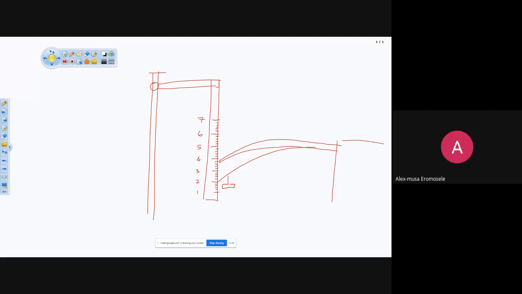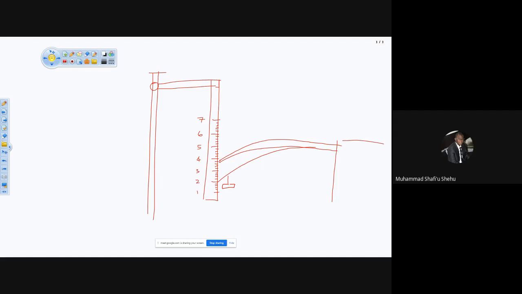Yes, sir. So what I'm saying is, after removing that load, what do you think will happen to the meter rule if I remove the load? You have a load attached to it, and you allow it to swing for 20 oscillations on the meter rule.